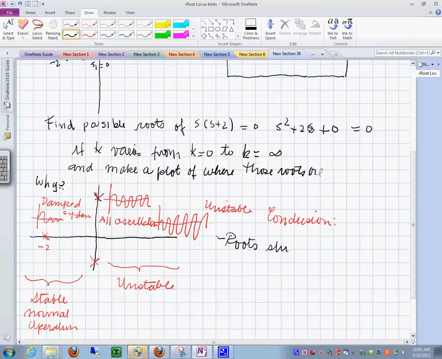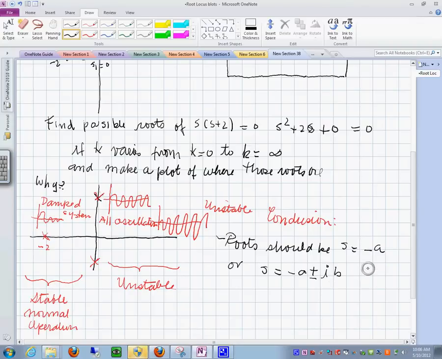should be like s equals minus a number, you know, like this, or s equals minus a plus or minus, this would be the imaginary axis, which would be like this.